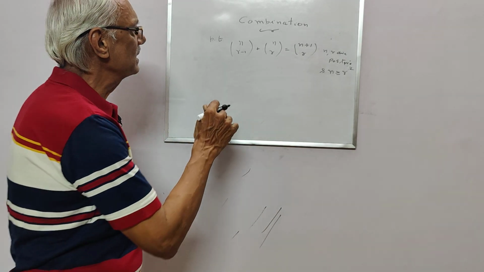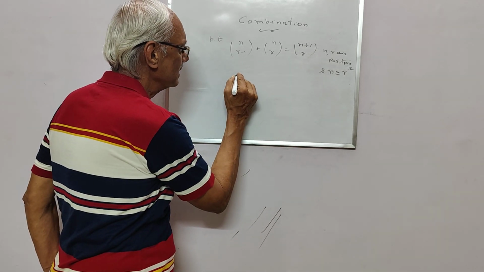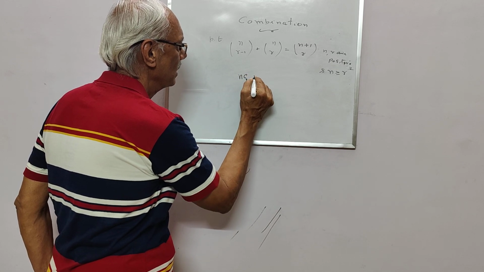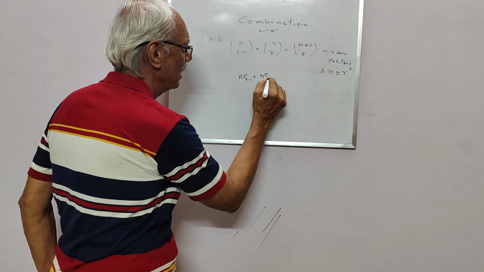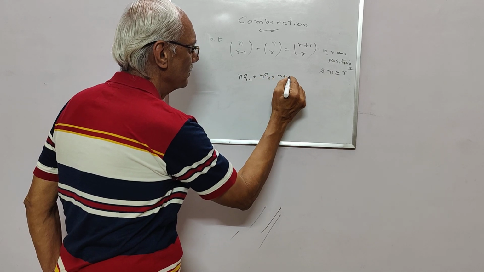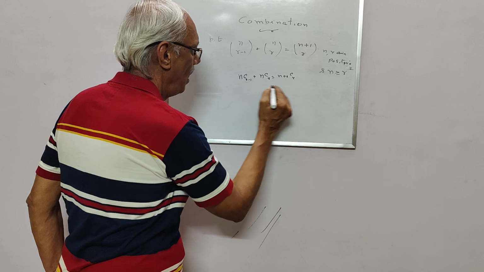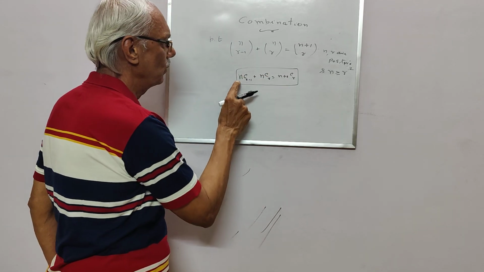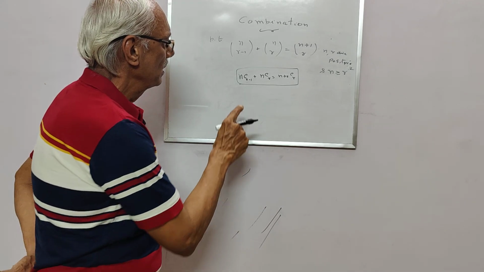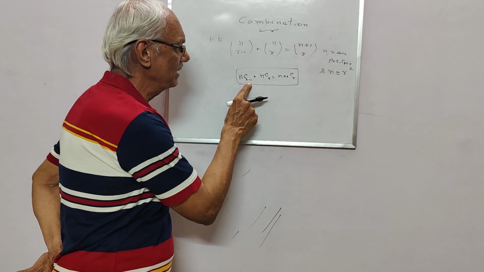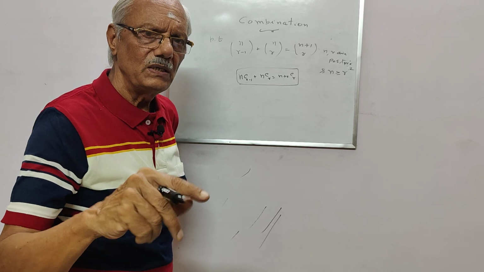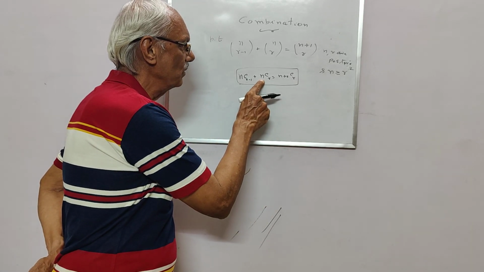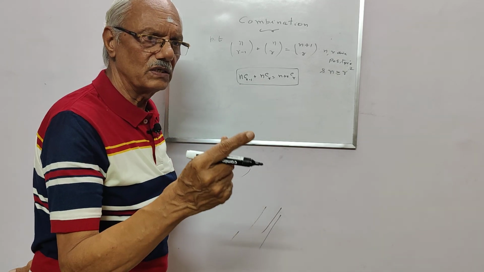Here this can be written as nCr minus 1 plus nCr is equal to n plus 1 Cr. So the other meaning is, now you read this: combination of n things taken r minus 1 at a time, and this is combination of n things taken r at a time.